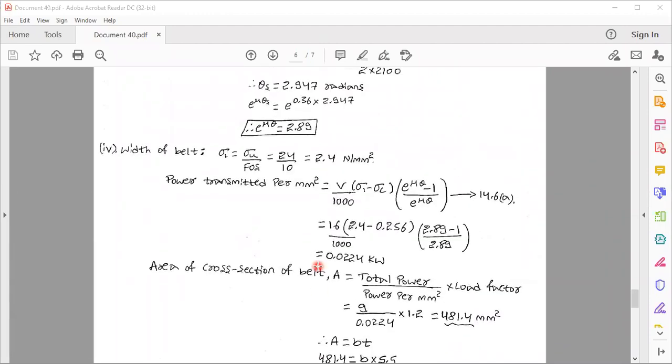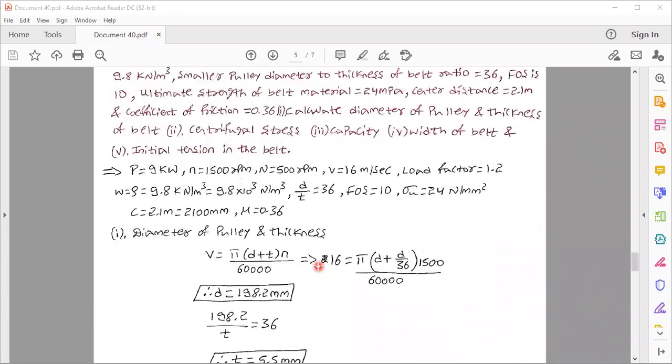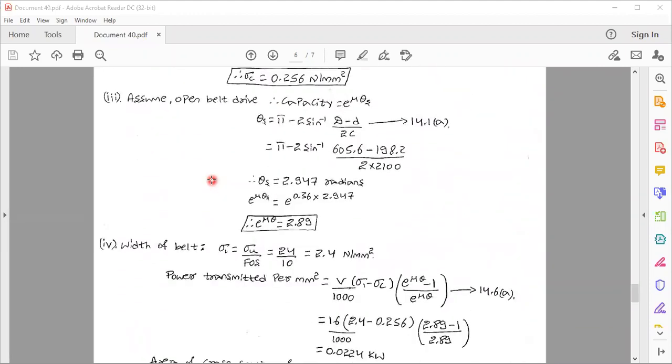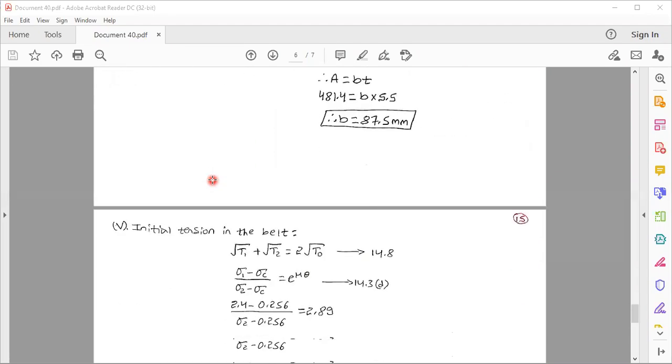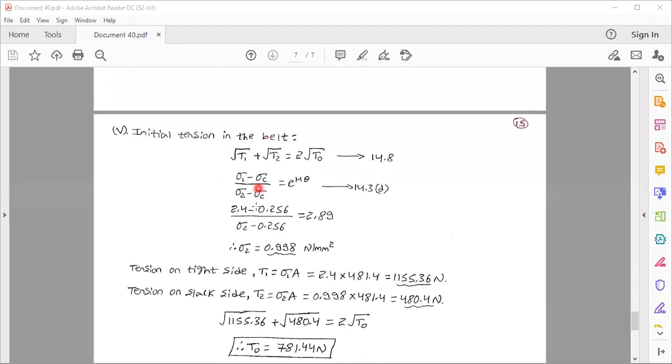After getting the width, next he has asked you to calculate the initial tension in the belt. That is the last one. If you see the formulas, in page number 291, equation 14.8, you will have the relationship between initial tension and power tensions.